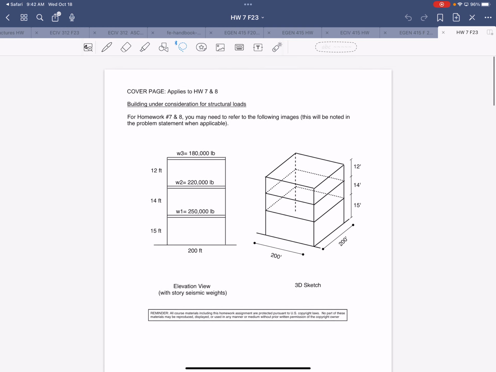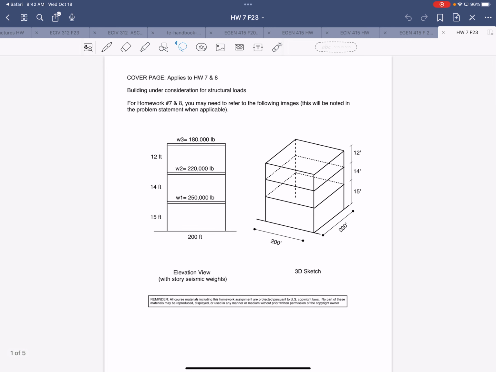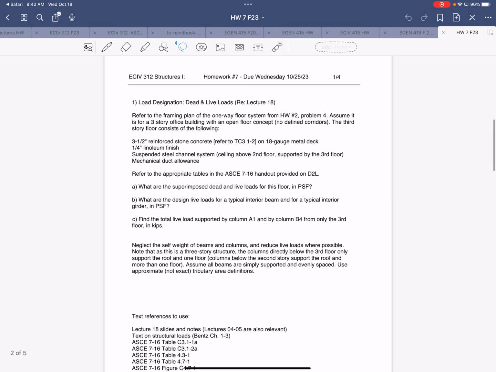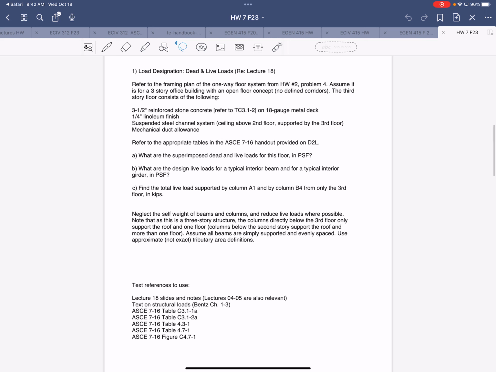Okay. So in your homework, first of all, on the cover page, you are given these sketches to represent the building that you're going to consider for homework 7 and also homework 8, which hasn't been released yet, but will be focused on snow loads, rain loads, and load combinations. So the first problem is focused on dead and live loads.